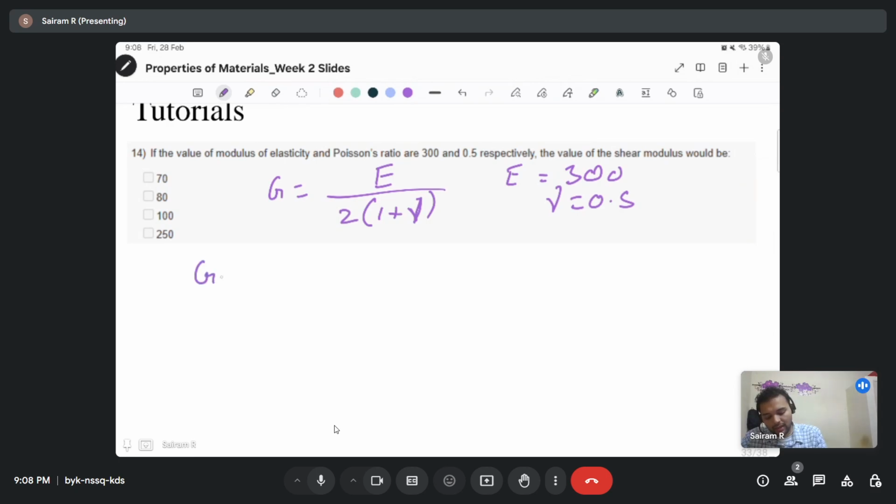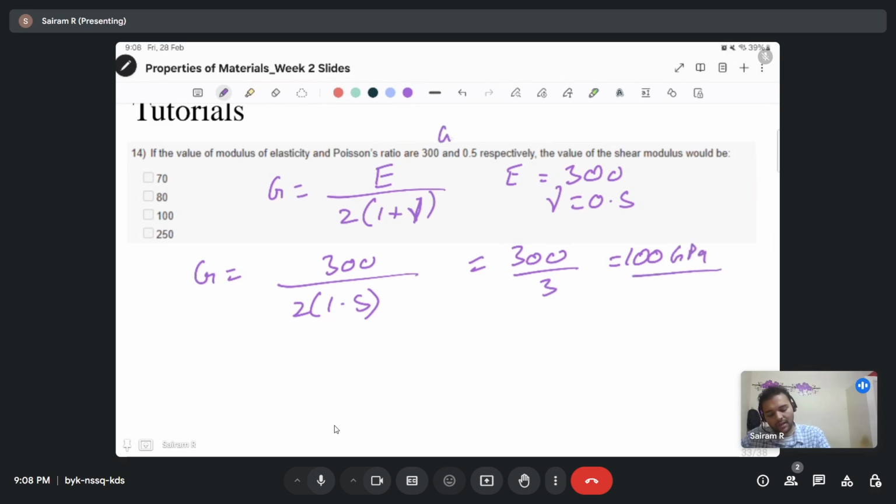Then G will be 300 by 2 into 1.5, which is 3, so 300 by 3, which equals 100. Probably I'm assuming GPa. If I assume 300 GPa, then 100.